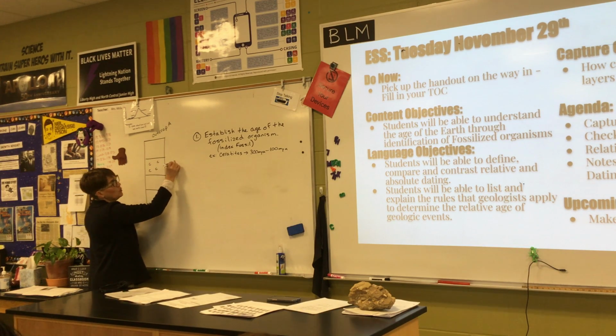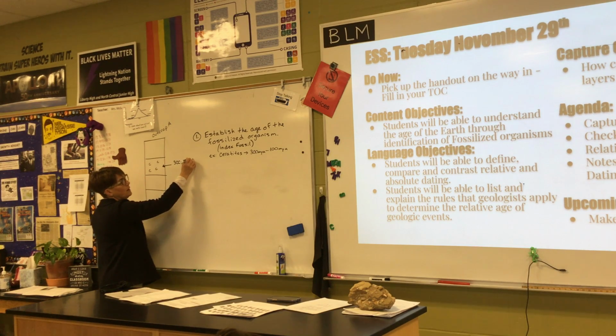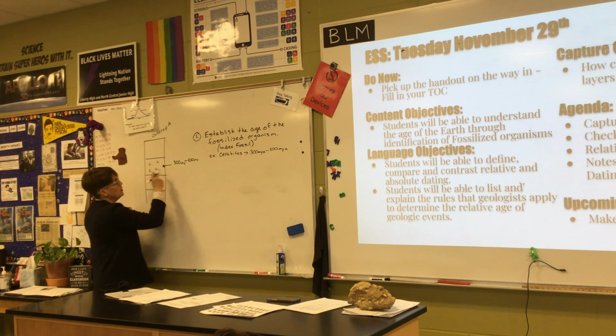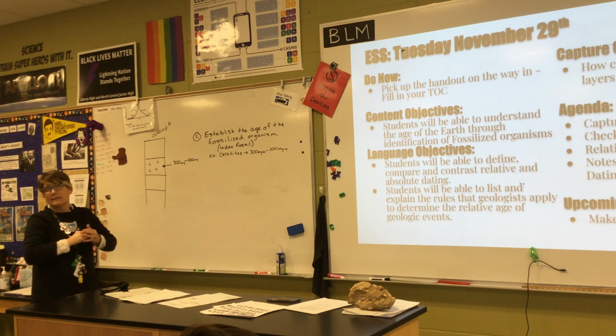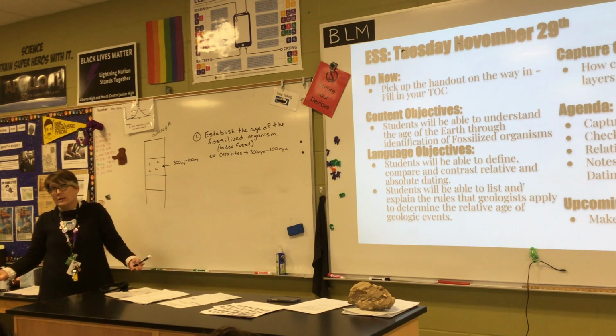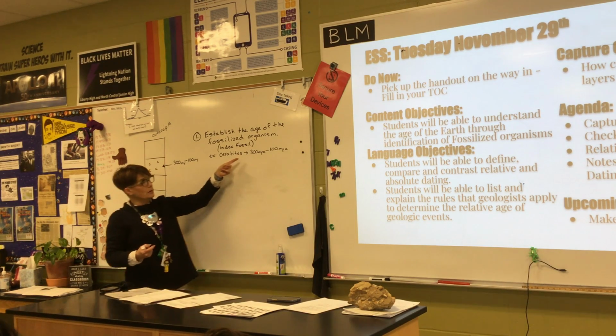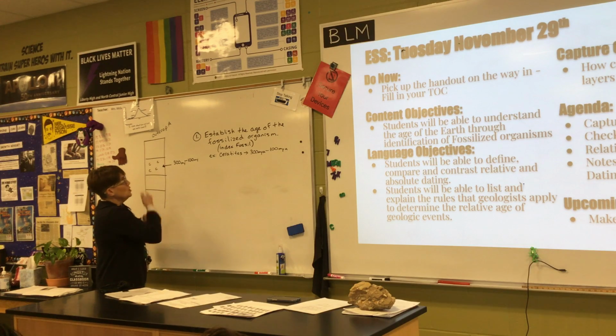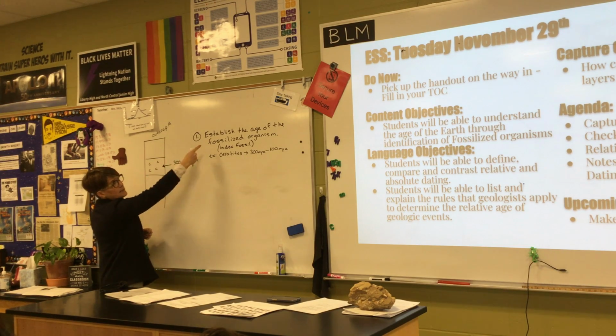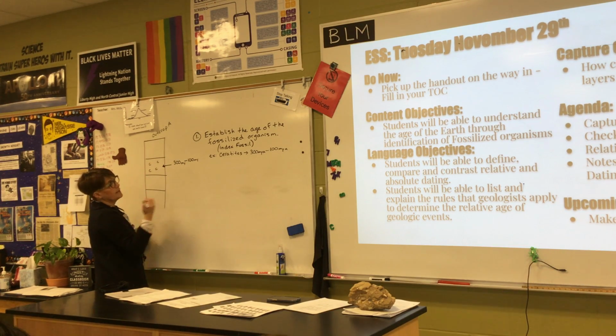So it would be between 300 million years to 100 million years would be the age that layer was created on Earth. How do I know that? Because I know that there are ceratite fossils in there. I know ceratite fossils only live during this time period. So the first thing, as Alexi said, establish the age of the fossilized organism.